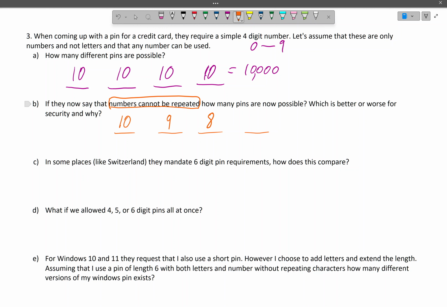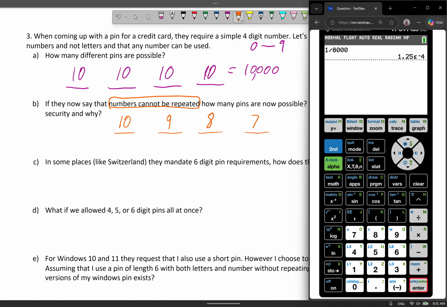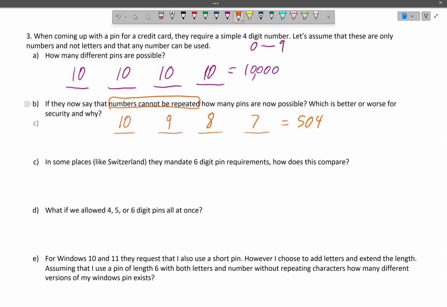Then we've done it again, and then we've done it again. That's 720 times 7, I think. So 5,040. And just by adding that one little restriction, seems like little, we've basically halved our number of options.